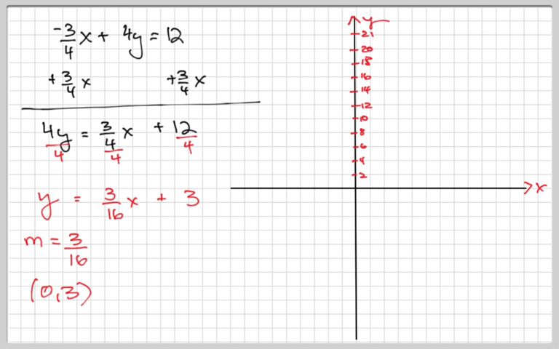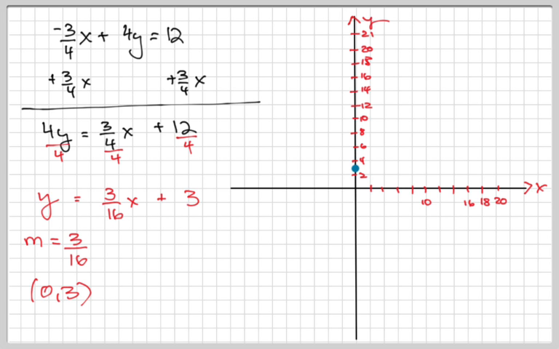So my y-intercept is (0, 3), somewhere over here. I have to move over 16, not up. 2, 4, 6, 8, 10, 12, 14, 16, 18, 20.